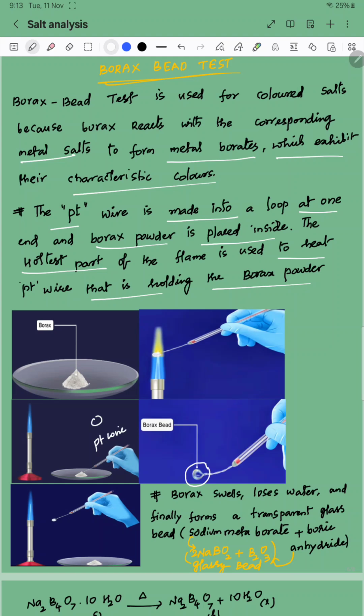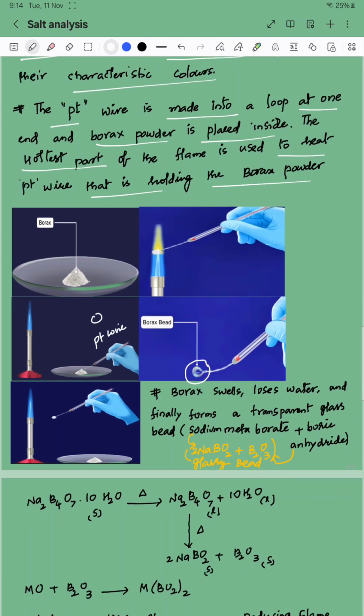Then borax swells and loses water and finally forms a transparent glassy bead, that is nothing but, student, sodium metaborate and boric anhydride, right? The formula will be NaBO2 plus B2O3. This is the transparent compound, that is a borax bead, or we can call it a glassy bead.